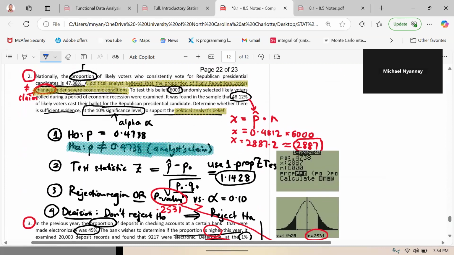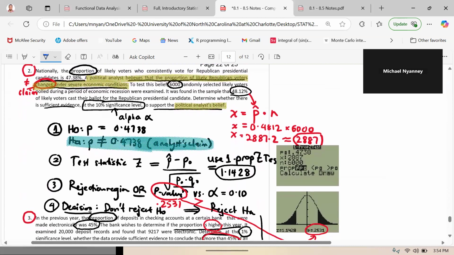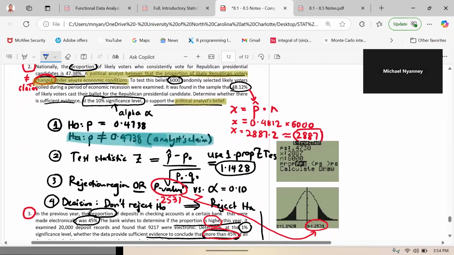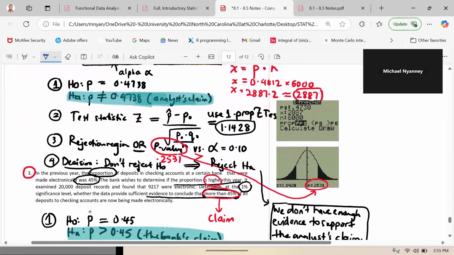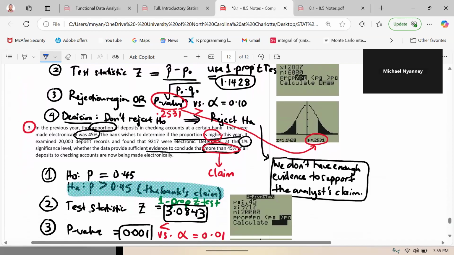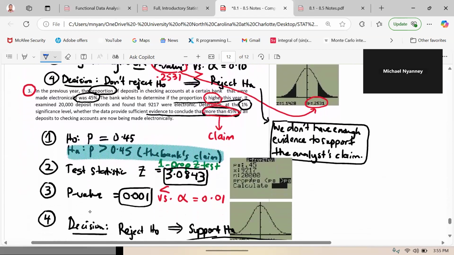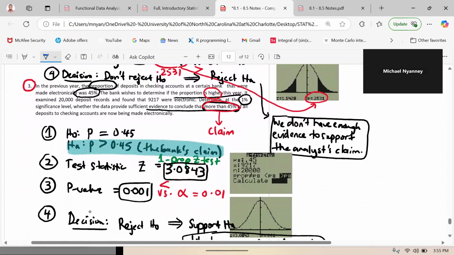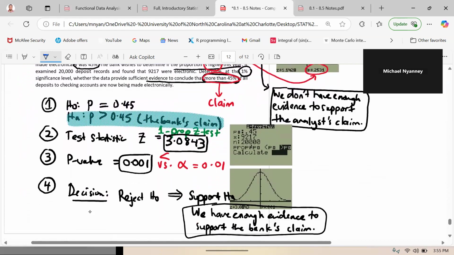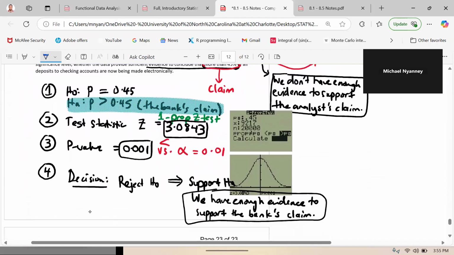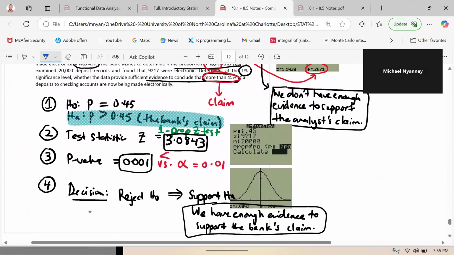Because of time, I'm not going through all the examples, but in case you have any question, please email me and I'll be glad to take you through them one after the other. This is the same approach as we did for the population mean, but here we are using what? The proportion, and I've shown you the calculator way.